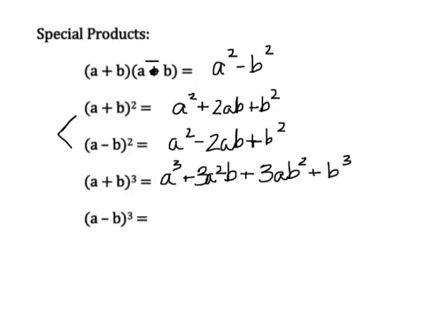And then the very last one. It's exactly the same except every other sign is changed. Just like that. So try multiplying it out, see if it works for you. And that's the end of this lesson.